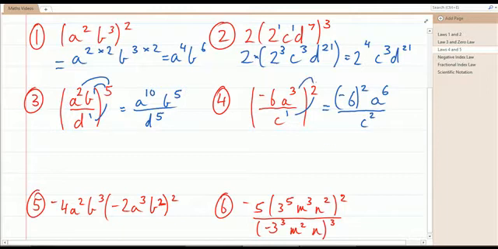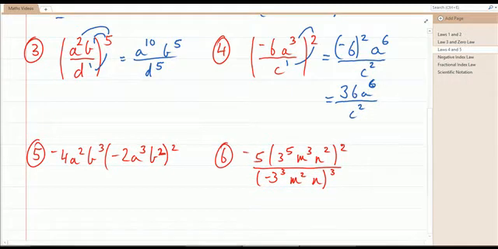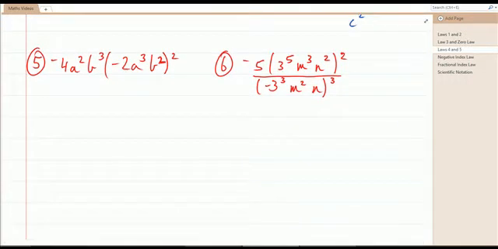The reason I've done that is -6 times -6, which is the same as -6 squared, is positive 36, and then a to the power 6 over c squared. So just be careful with your negatives. If you're squaring it or cubing something, it will become a positive value. We'll see a couple more of those down here.